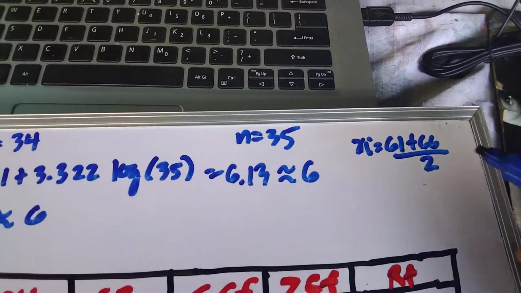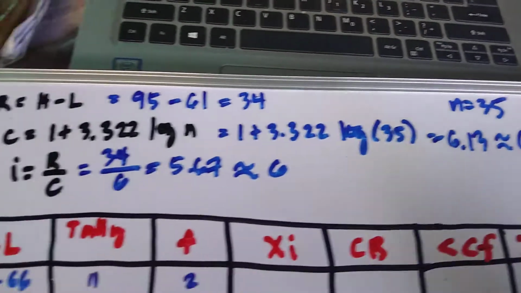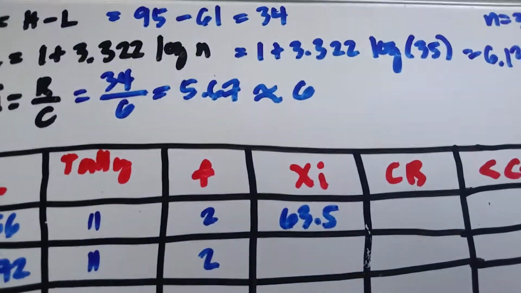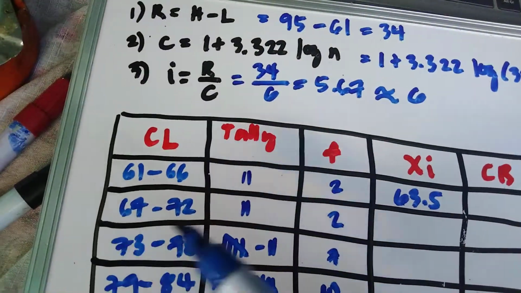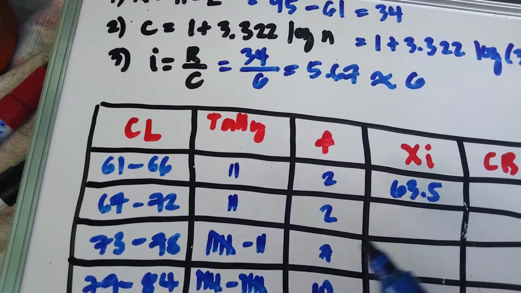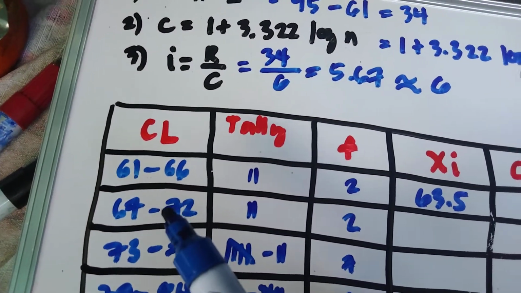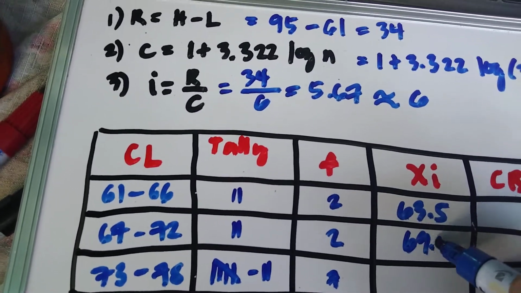It is like getting the average, and that is 63.5, so write that down. To get the class mark of the next class, add 67 plus 72 and divide by 2, so you come up with 69.5.